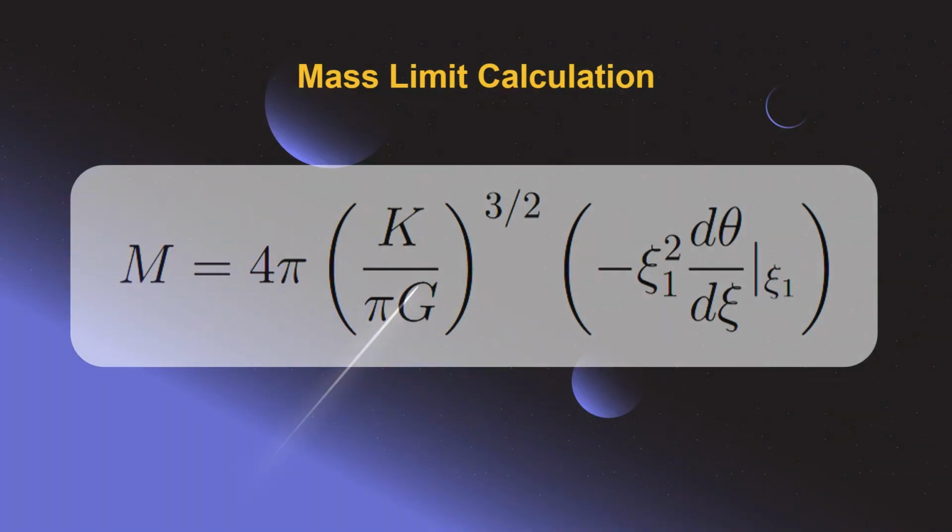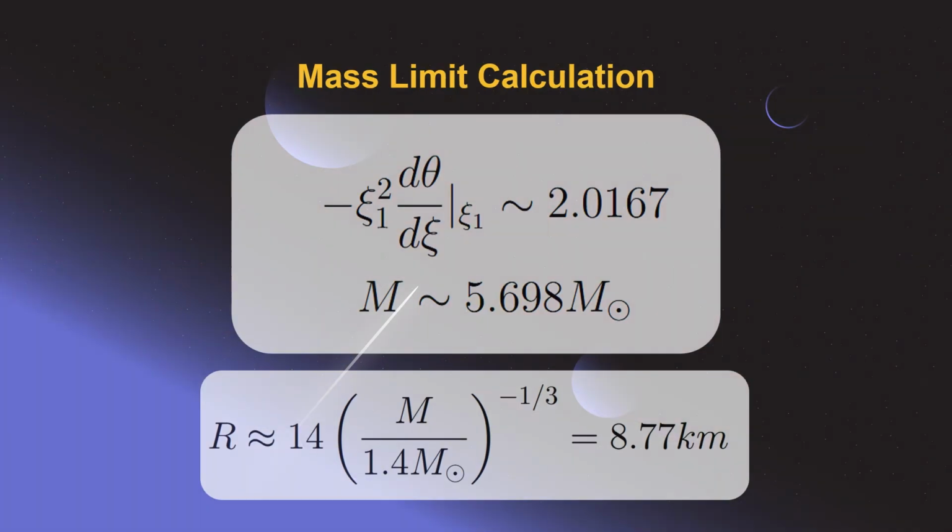From here, we get the total mass as some constant multiplied by a factor, the value of which we can get by solving the Lane-Emden equation. From the solution of the Lane-Emden equation, we get the value of the factor as around 2.0167, and putting it with the constant, we get the mass limit of a neutron star to be around 5.698 solar mass.